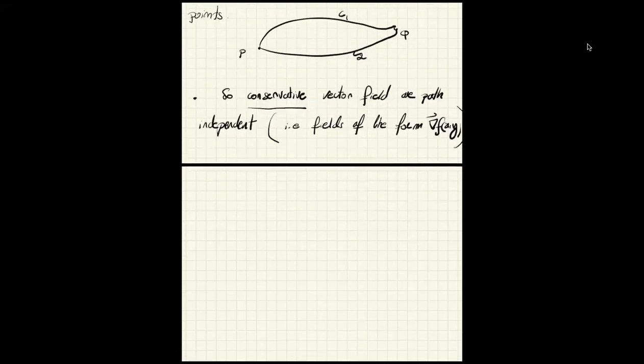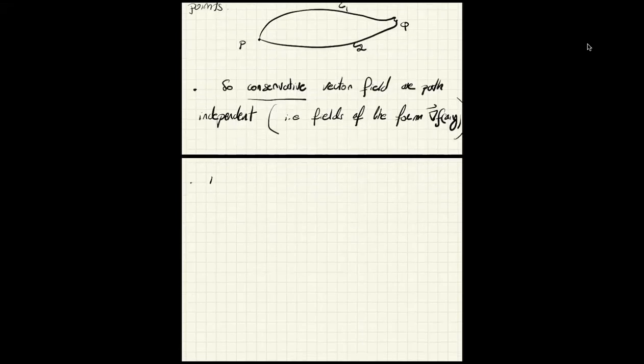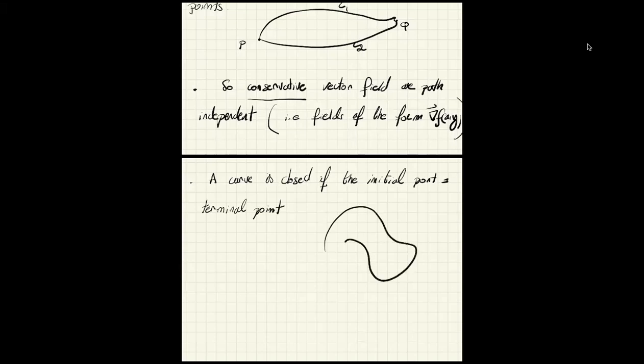So here's some other terminology. A curve is closed if the initial point is equal to the terminal point. For example, you start from P and you go back to P, and this is a closed curve.